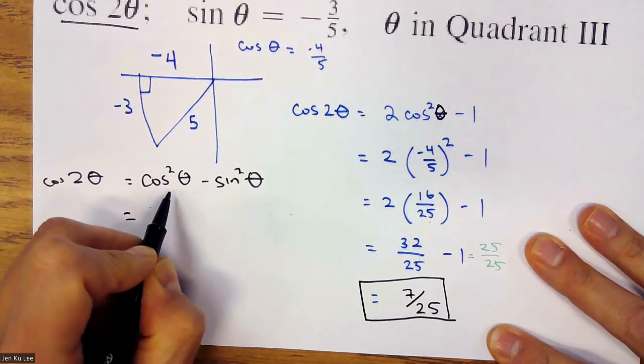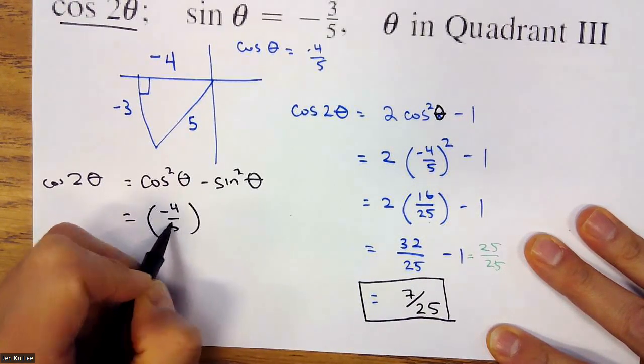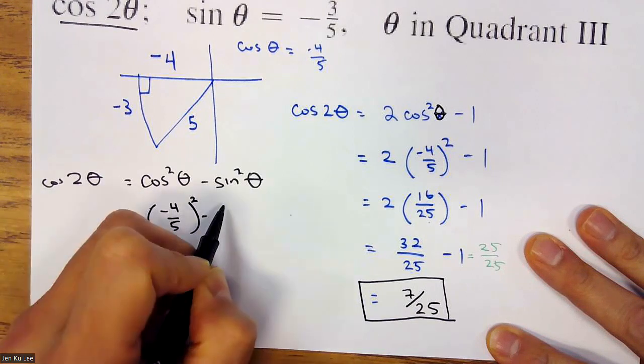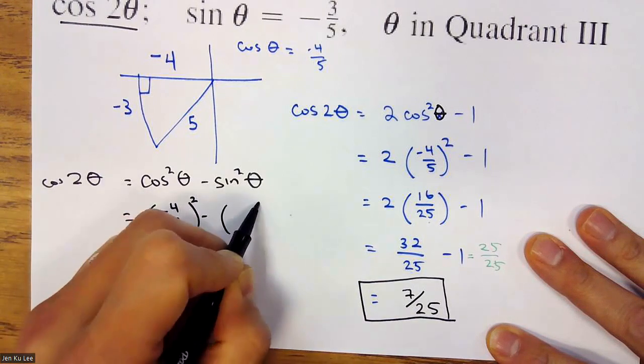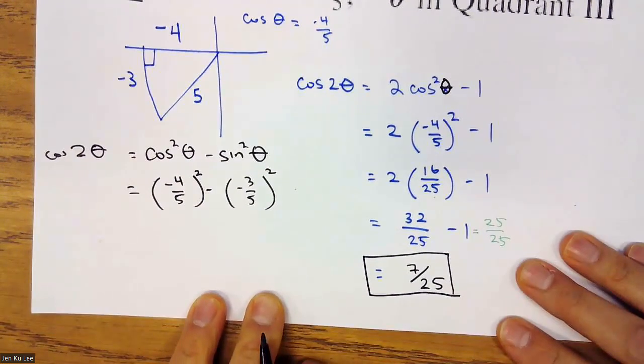Because if you do this math, right, this would be negative 4 over 5 squared minus negative 3 over 5 squared, right?